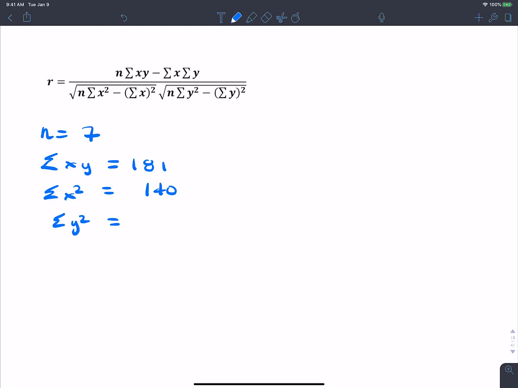What's sum y squared? 245. What's sum x? 28. What's sum y? 39. Double check these values, ladies and gentlemen. Is this what we got here for all those sums?